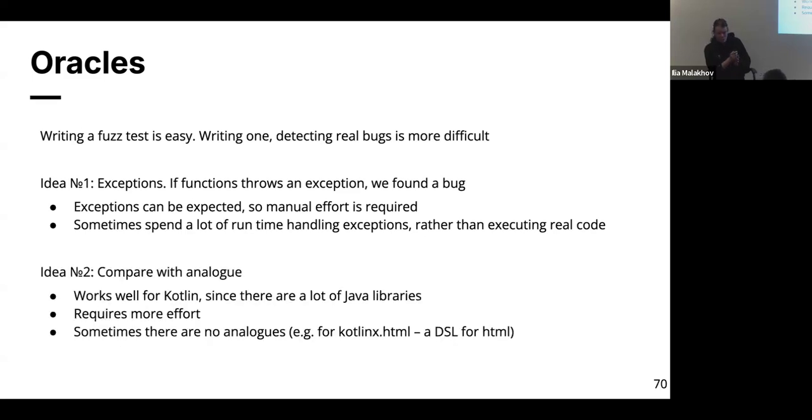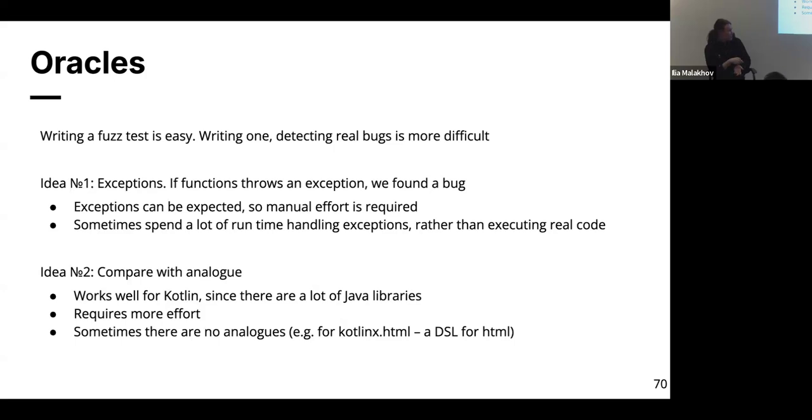The better approach is to find some analog library and compare the result with our library. This actually works well for Kotlin because there are a lot of Java libraries. However, some Kotlin features are not present in Java.